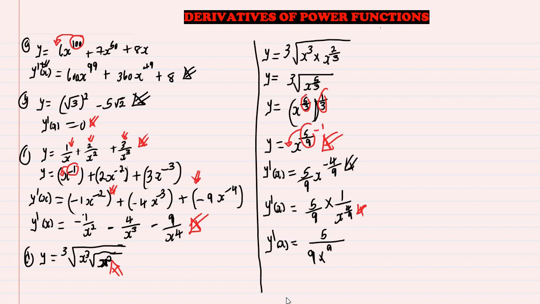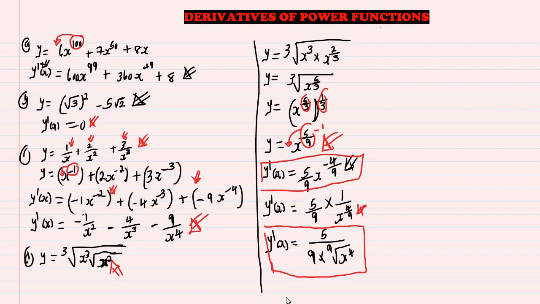So this is going to be the 9th root of s raised to the power of 4. Okay, guys? So you can also write your answer like this. So the derivative is going to be 5 over 9 multiplied by the 9th root of s raised to the power of 4. Or you can leave your answer like this.